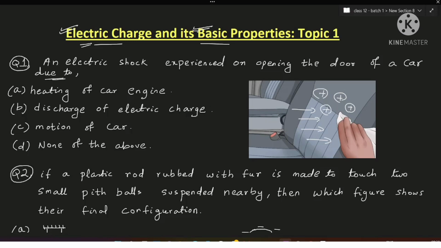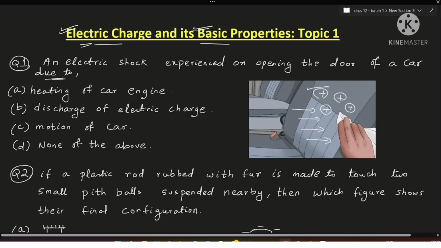The first question is, an electric shock is experienced on opening the door of a car. This is due to. Okay. So, this is simply due to the discharge of electric charges through our body. So, these charges get accumulated due to the friction between our cloth and the seat cover.